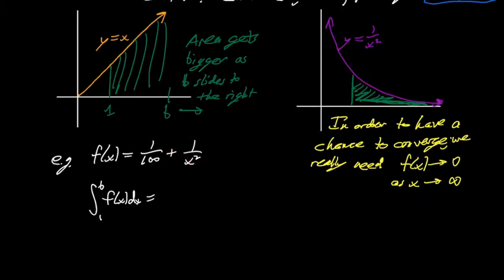So this would be 1 over 100 times x minus 1 over x from 1 to b. And even though there's a 1 over 100 here, you're sticking a b in here, which is going to get bigger and bigger and bigger. So that's 1 over 100 times b minus 1 over b.